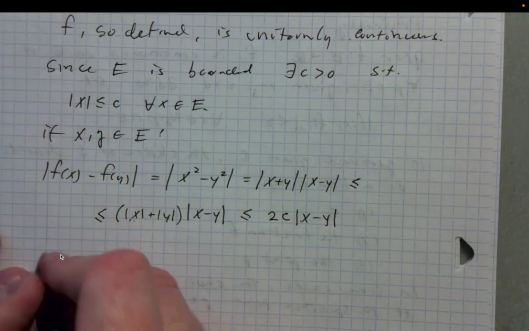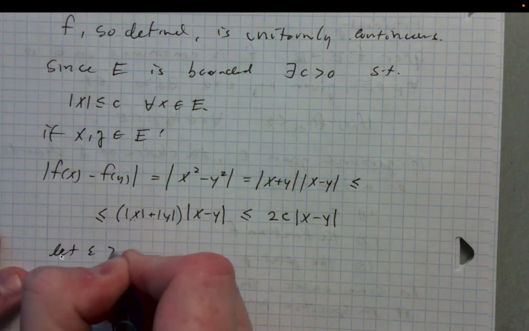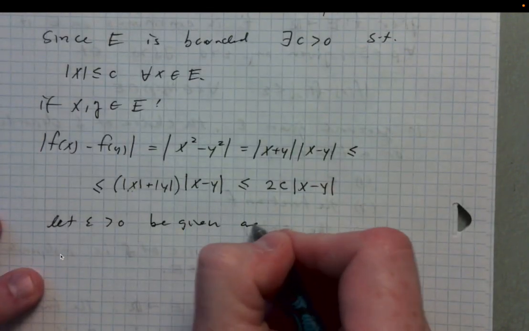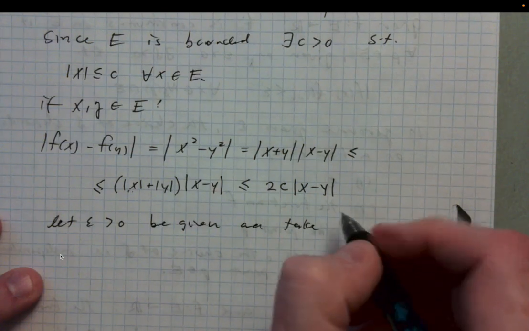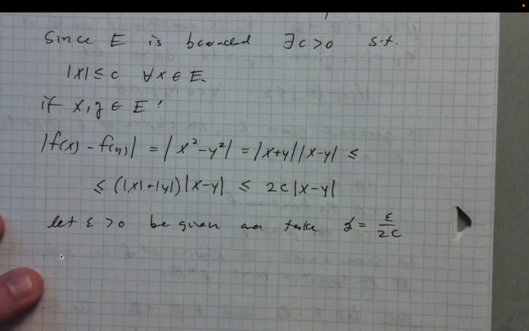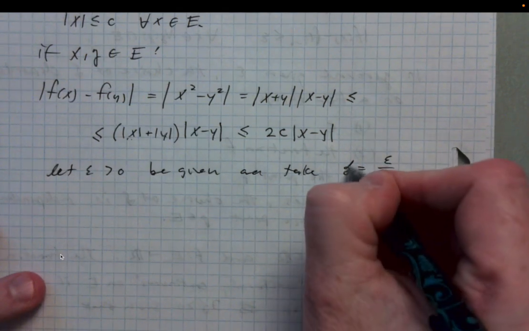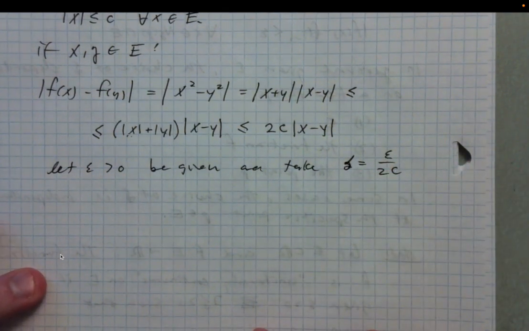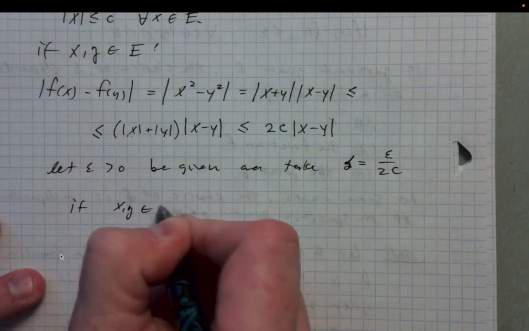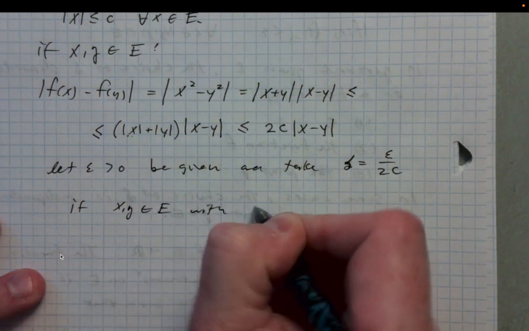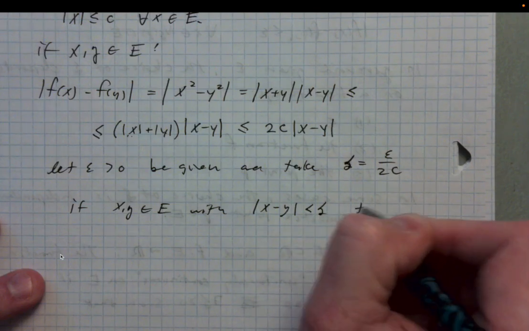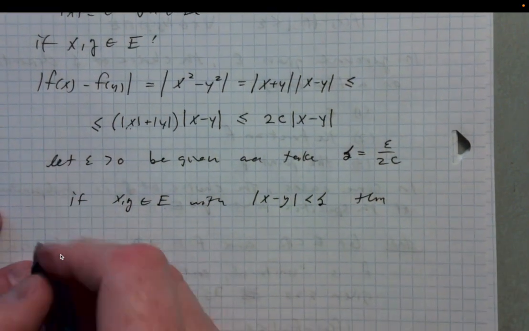So what can we do? We can say at this point, let epsilon greater than 0 be given. And we can take delta equal to epsilon over 2 times c. Then if x, y are in E with the absolute value of x minus y less than delta, you can see where we're going.